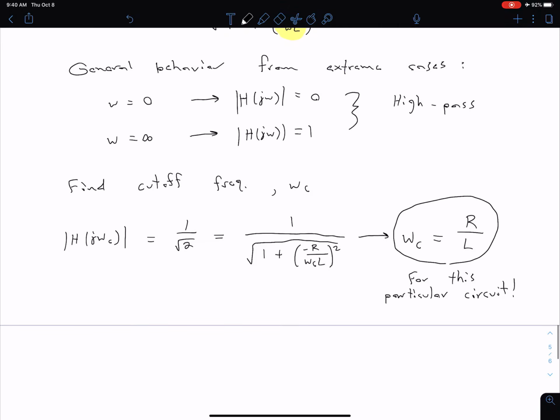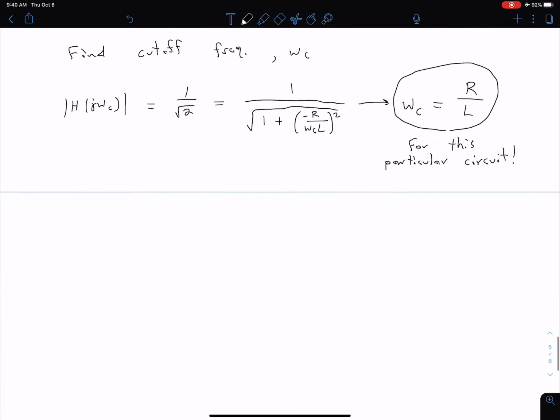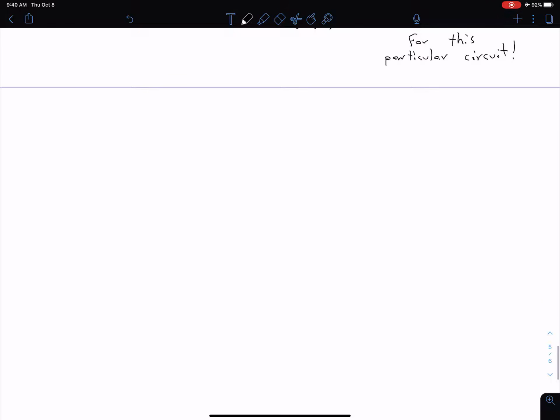Okay, so now we can plot this response, and let's do what we did with our low pass and overlay that with our ideal response. Versus frequency, we're plotting the magnitude of our transfer function, and we know our key frequency is going to be this omega c value, and our key values of magnitude are 1 and 1 over root 2.